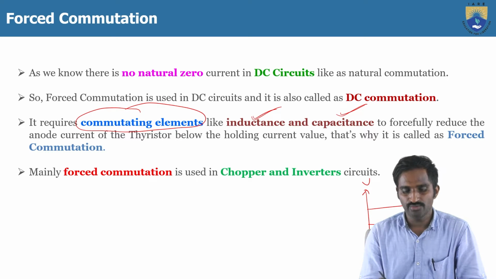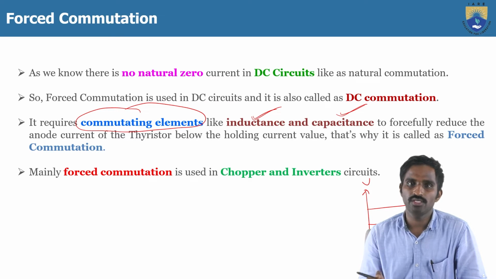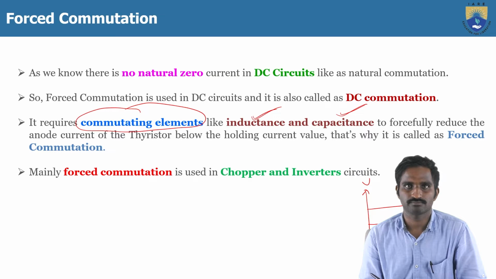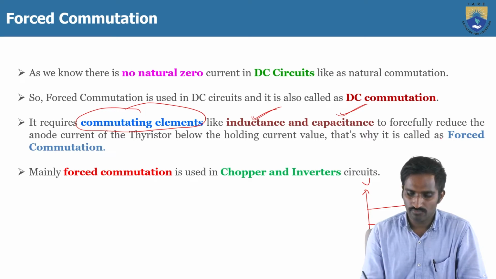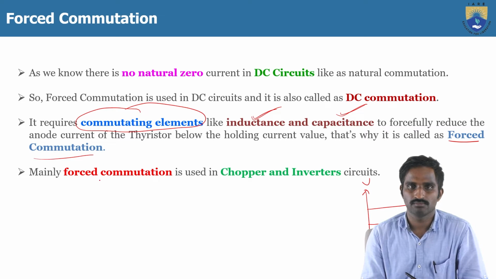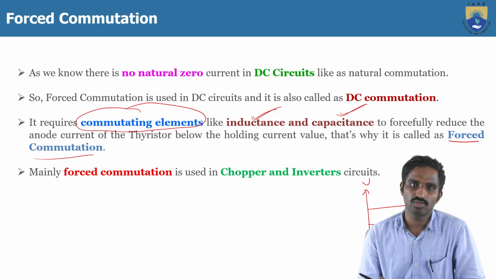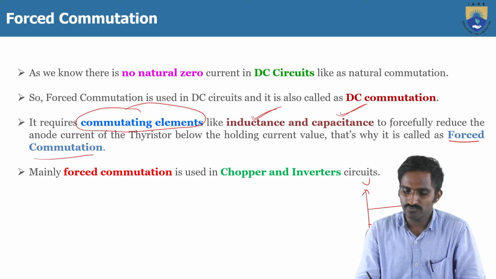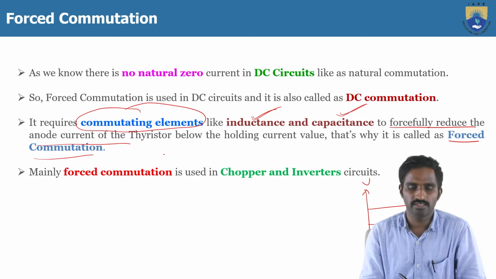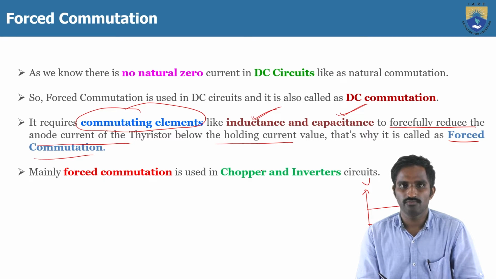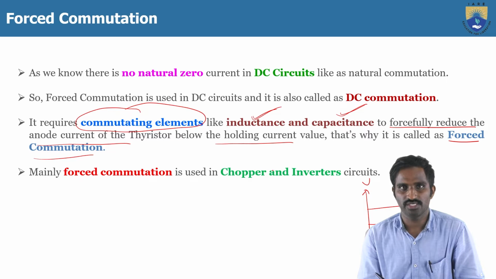By using these commutating elements, we forcefully reduce the anode current below the holding current. It is not reducing the anode current below the holding current naturally; we are reducing it forcefully. That's why this is called a forced commutation technique.